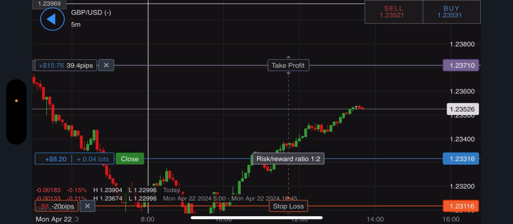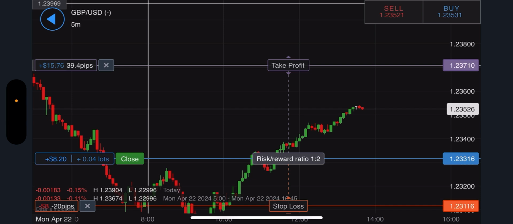So you can see that when we select that, if you look in the blue on the left, we are currently up $8.20, but we are currently still in this trade. So at max, we could lose $8, but at most, what could we get? You can see that in the upper left-hand corner there, down a little bit, it says that our target is for $15.76, or 39.4 pips.